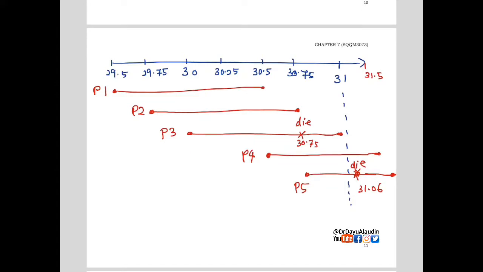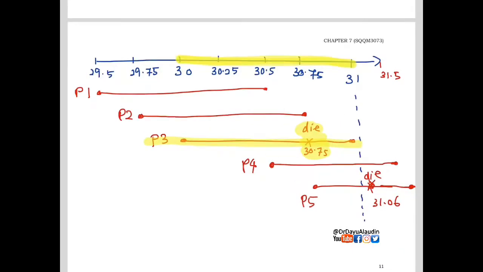So the person that died within the interval 30 and 31 is only one person, which is person 3. Person 3 and person 5.